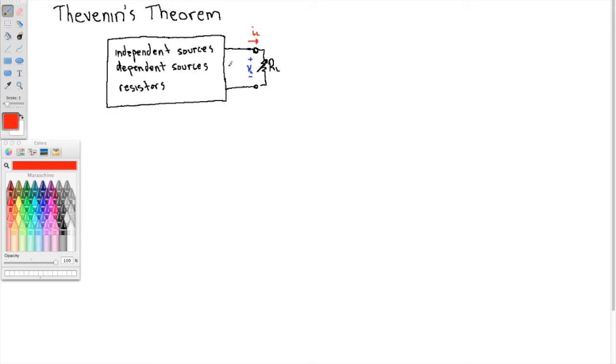Well, hopefully not. Thevenin's theorem gives us a method for avoiding this unnecessary recalculation when just the output is changing. The output resistor in this case is changing, and everything inside is staying the same.